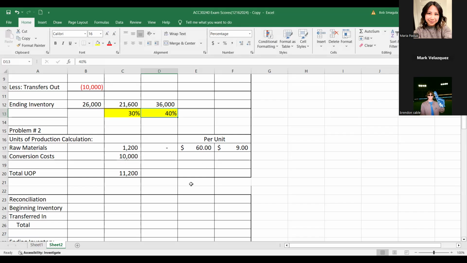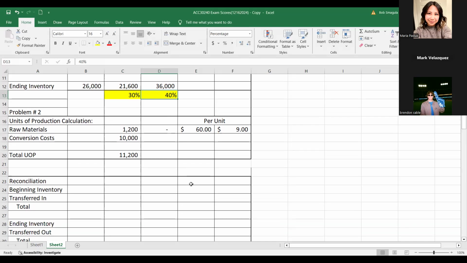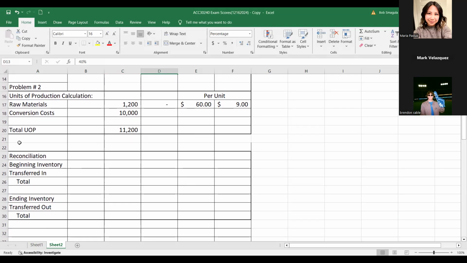Once you have that, you can do the dollarization. Problem one was the template. Problem two, units of production. And problem three is the reconciliation. This template should help you answer any questions that we may have.